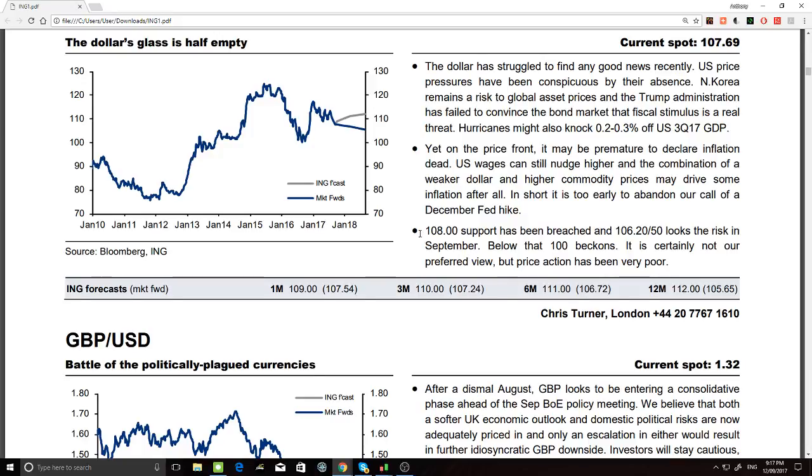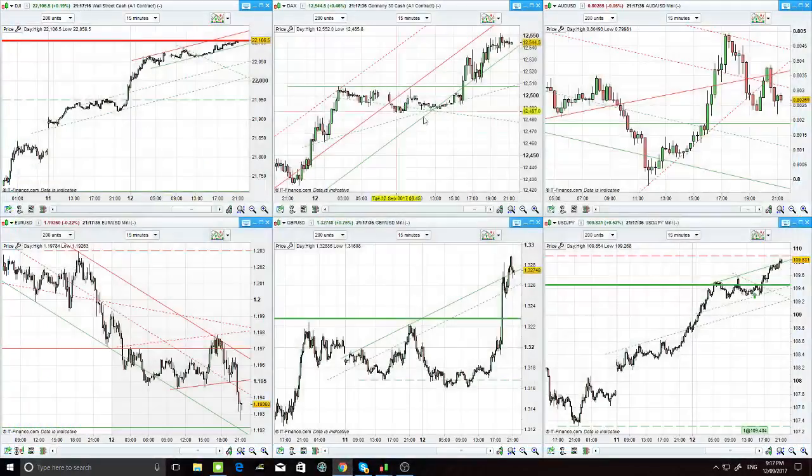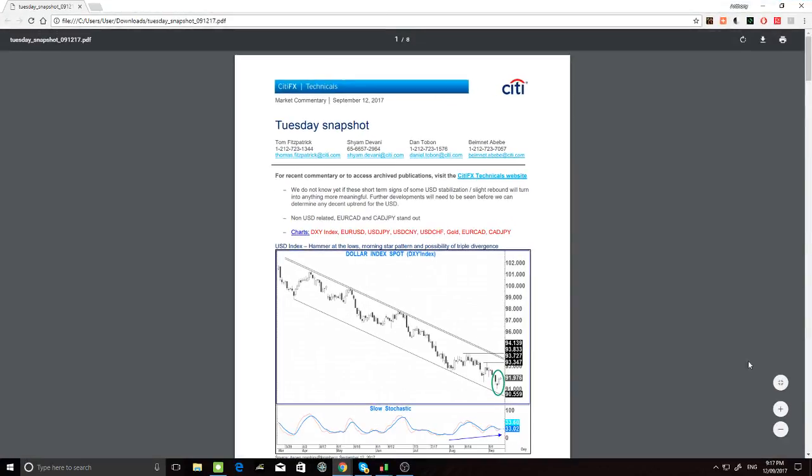Not a preferred view, but they're saying the price action is so poor. I mean, now this is another old report, over 24 hours old. Can't be looking at that. Alright, here we go.